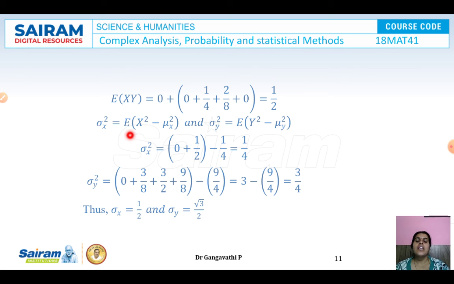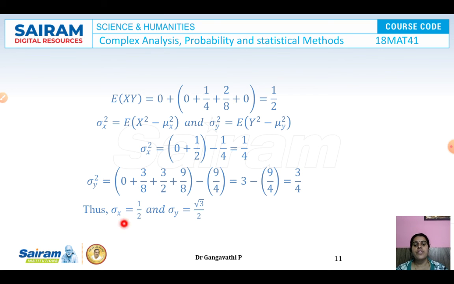Which is e of x square minus mu x square, and here e of y square minus mu y square. So we know the value of both, so we can substitute and simplify, and the value is going to be 1 by 4. Similarly, sigma y square, again by using this formula and substituting it, we get it as 3 by 4.